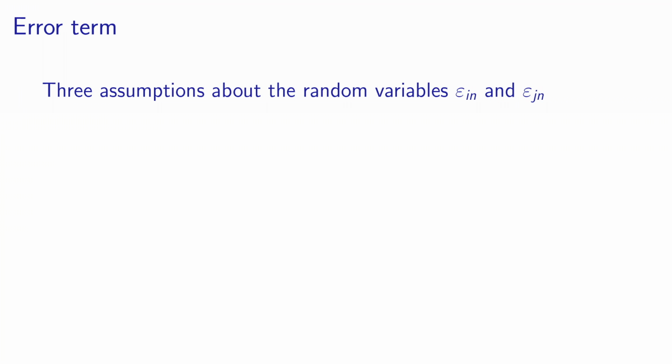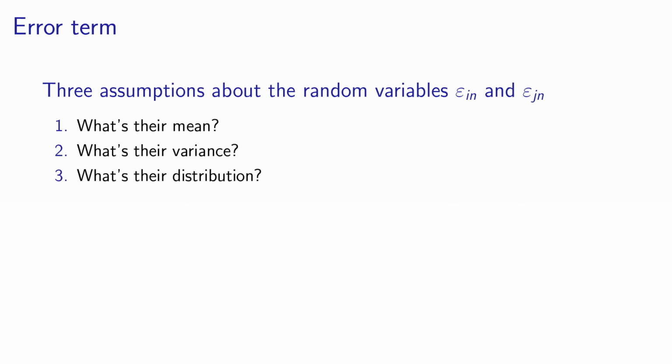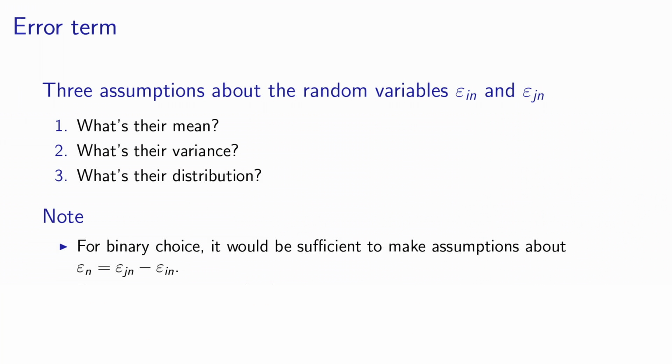An important component of any operational choice model is the error term. Now we're going to see what assumptions are made about those random variables epsilon in and epsilon jn. We're going to try to answer three questions. First, what is their mean, then what is their variance, and finally what is their distribution. We note here that for the binary situation, it would be sufficient to make assumptions about the difference between the error terms, epsilon n.